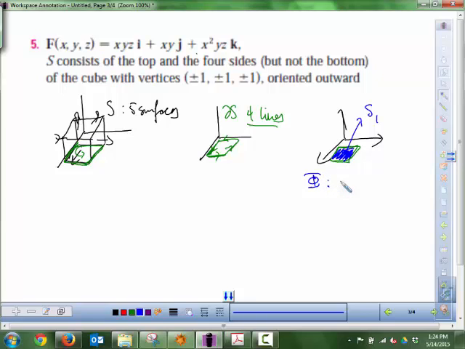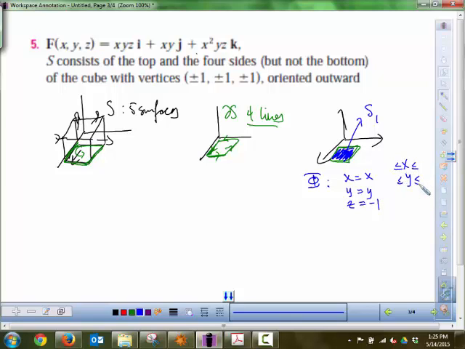Okay, so let's parameterize this. This is the bottom part of the box, and it's parallel to one of the coordinate planes, so one of them has to be constant. Which one's a constant? Z is equal to? It's down below the xy plane at -1. And this looks like just a square, rectangular region, so I can just call x and y, and then I'll have limits for x and y.